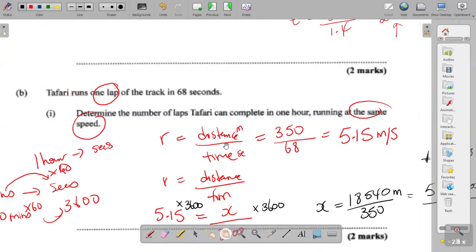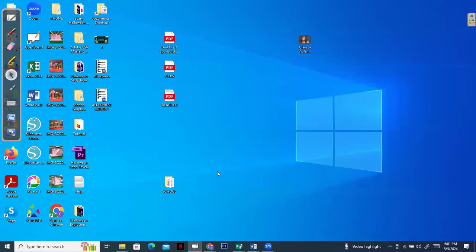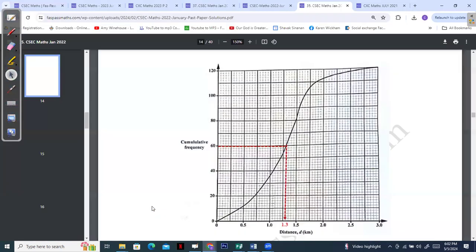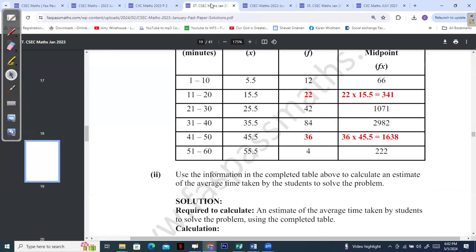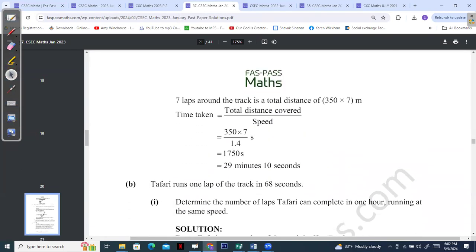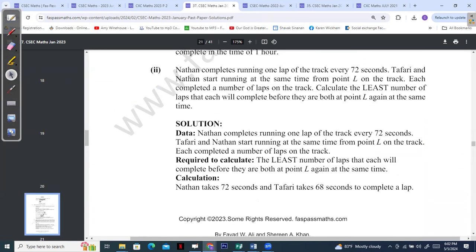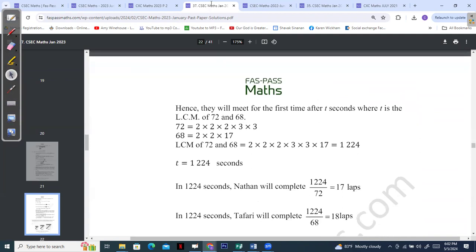What year was this? January 2023. Everybody see my screen?